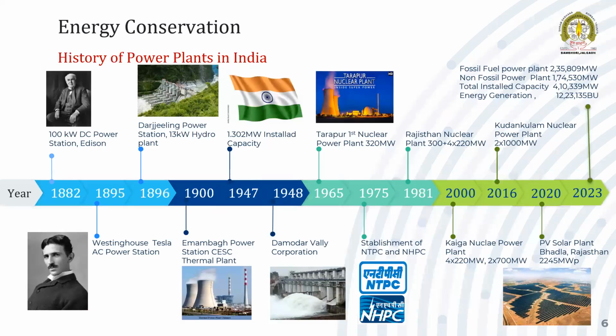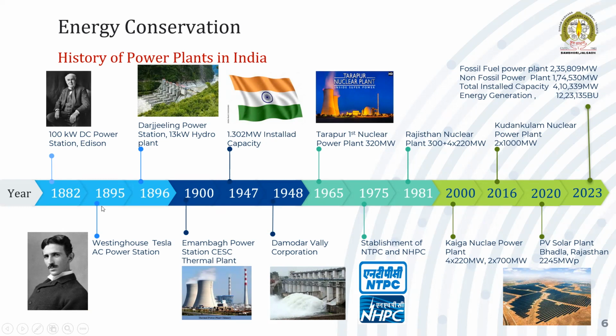Now this is the history of power plants, just in brief. Edison's company installed a 100 kilowatt plant, and Westinghouse and Tesla were very much interested only in AC transmission.